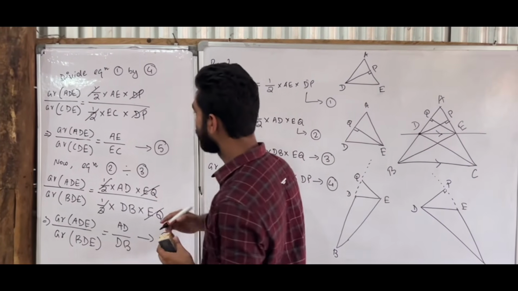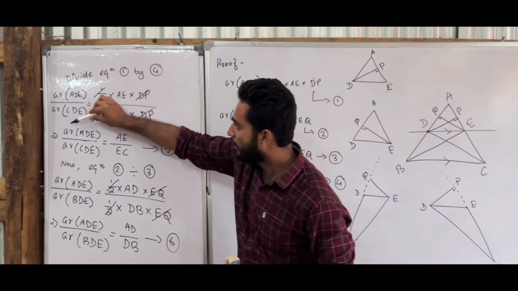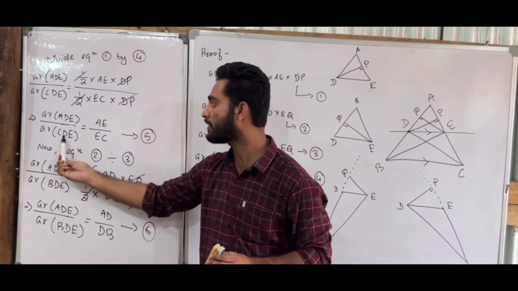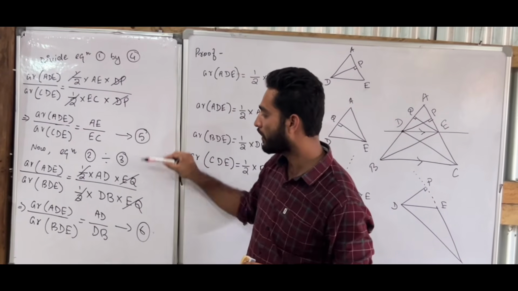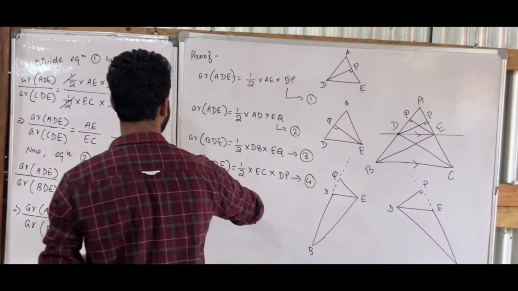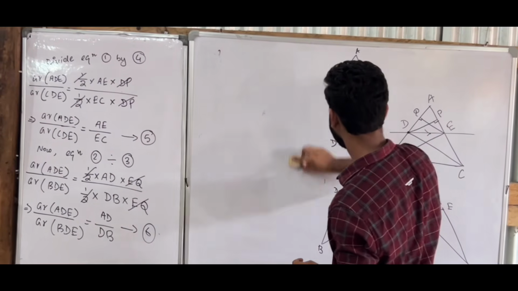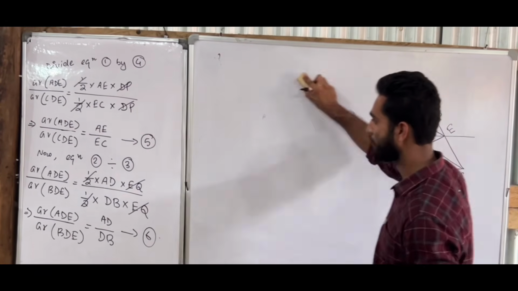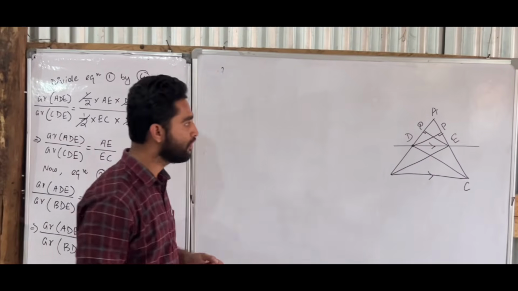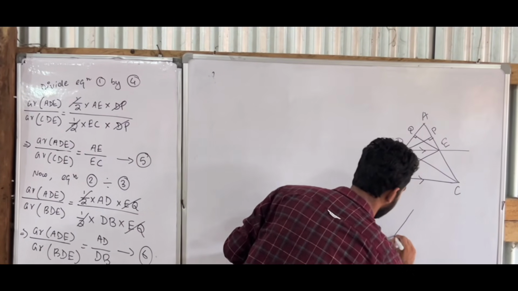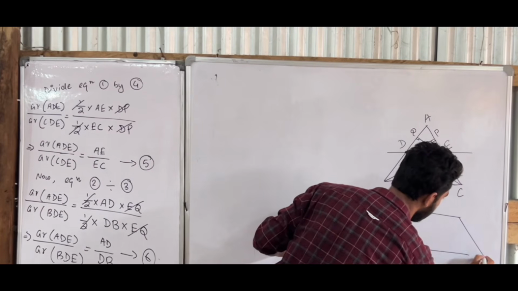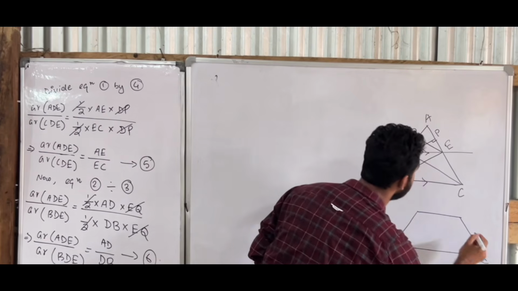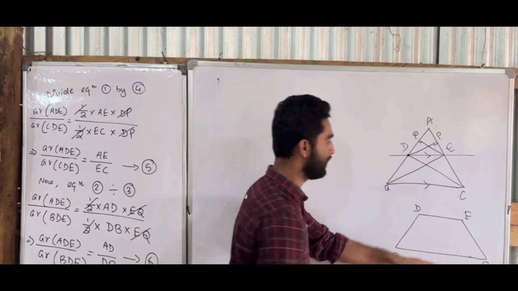Now see, in equation number 5 and equation number 6, the area of ADE is the same. Now if we can prove the area of this triangle and the area of this triangle are the same, then we can equate these equations. Now look, here we have one quadrilateral, that is the quadrilateral BCDE or BCED.